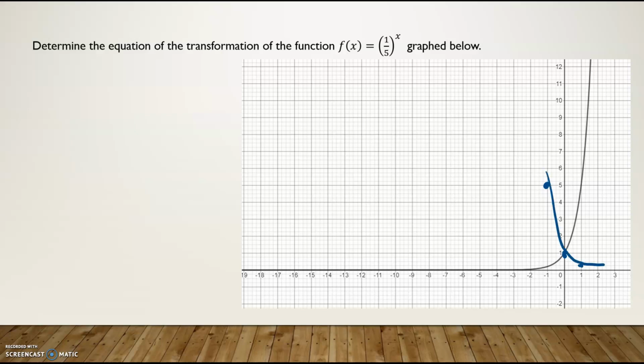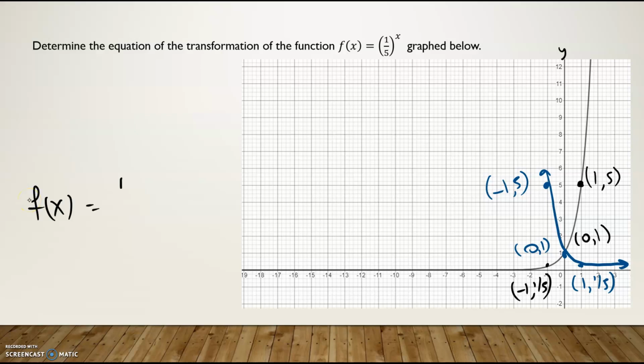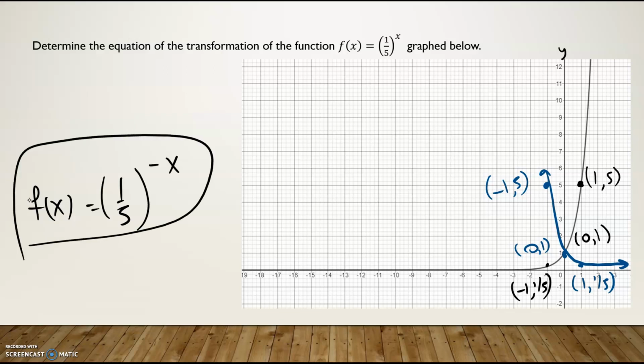It's going about here. Notice we've got these points right here. What's changing is the value for your x values, and it's also flipped across the y-axis. So the x values have changed, which means we need to have a negative in front of the x, and that is our function right there.